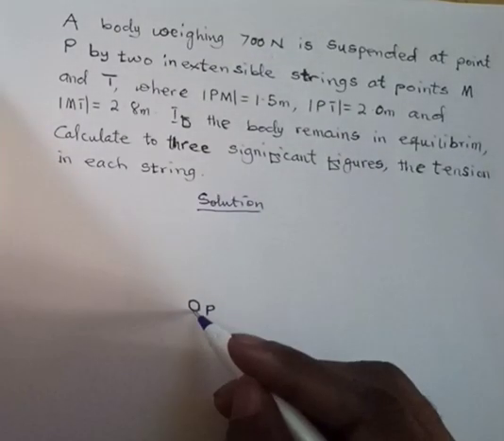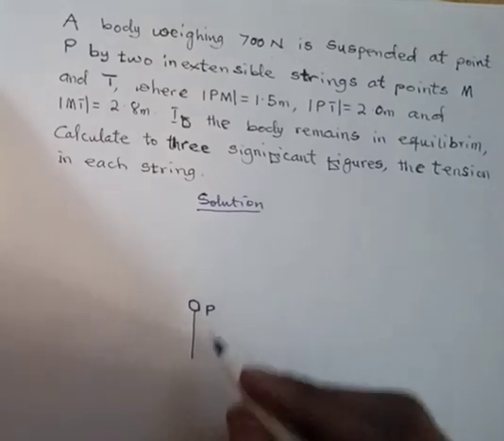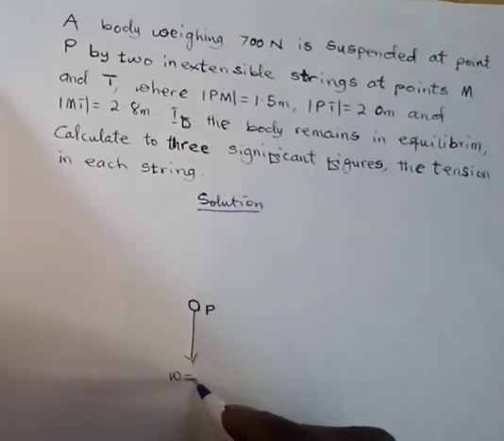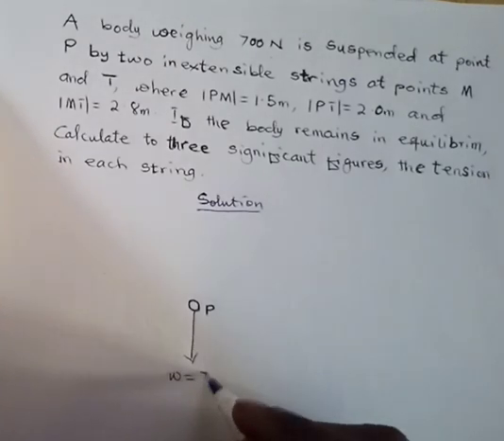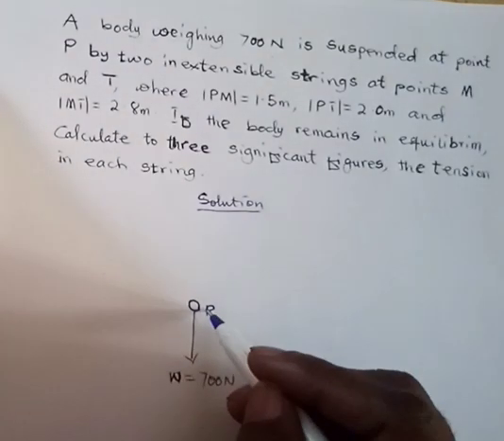So let's say this is our weight. Our weight is equal to 700 Newton. So this is the weight of the body at point P.